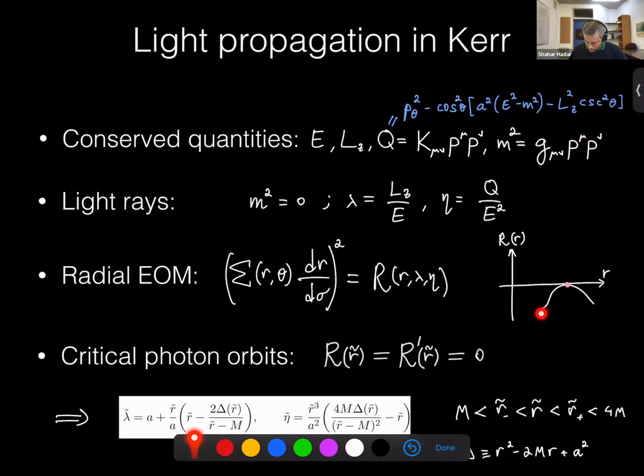And this potential, I drew it here in exactly the critical case, but the maximum can be higher than the axis, or it can be lower than the axis. For a certain critical value, actually for a one parameter family of values of these lambda and eta, the maximum of the potential exactly reaches this x-axis here. Then a particle with this effective zero energy can sit on the top of this potential and not move, but it's unstable.